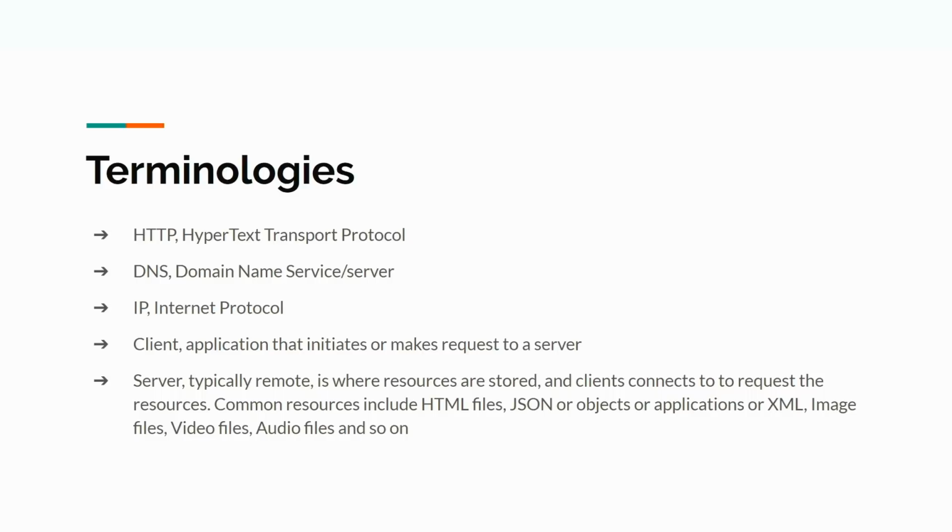Everybody connects to it and asks for pictures, web pages, different types of things, video files, audio files, and so on. I have here some common files that we have: HTML, application, JSON, XML. We'll get to know about all of this soon in further classes, but the main thing here is that a server is where you go to request this information. The server serves those data back to the client.